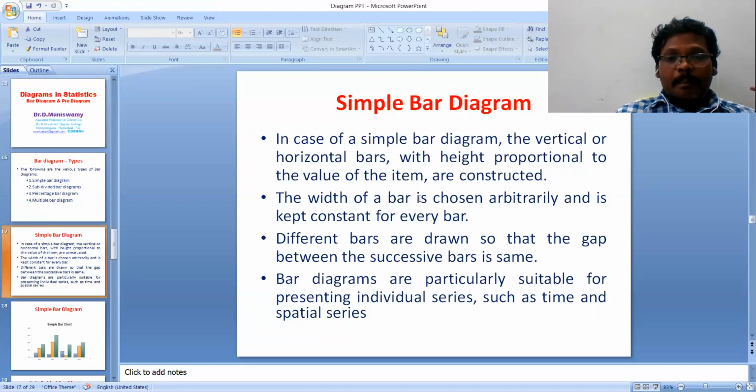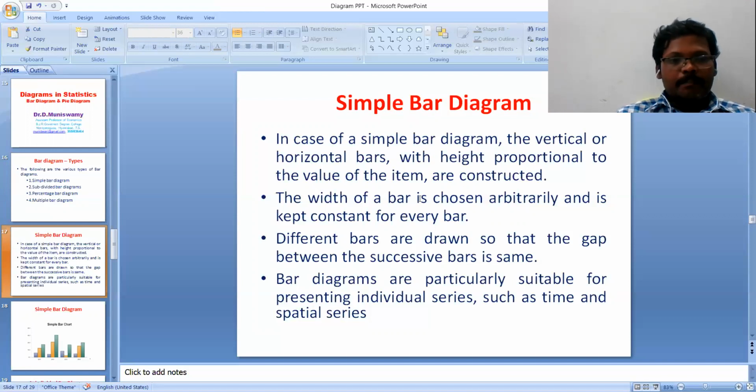The width of the bar is chosen arbitrarily and is kept constant for every bar. Here, when we are taking the horizontal bar, this is the illustration we are taking for the explanation. We take the equal width for each and every bar, from one to another.